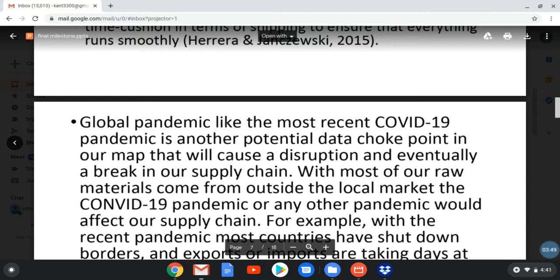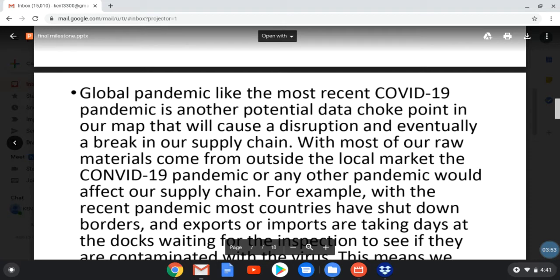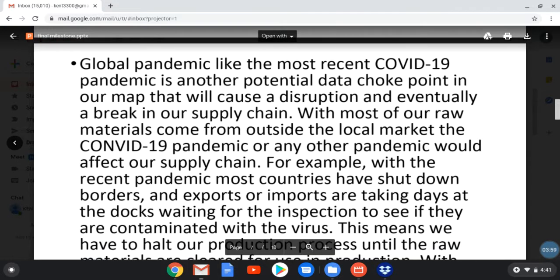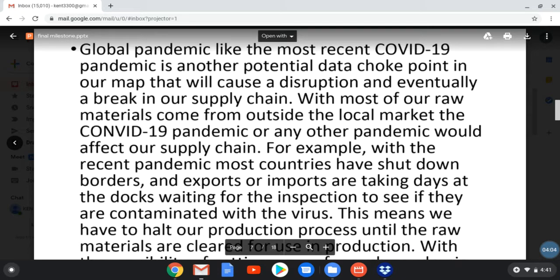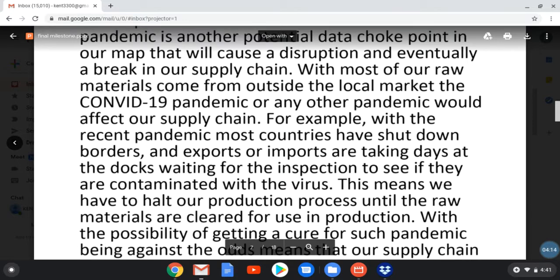A global pandemic, like the most recent COVID-19 pandemic, is another potential choke point in our map that will cause disruptions and eventually a break in our supply chain. With most of our raw materials coming from outside the local market, the COVID-19 pandemic or any other pandemic would affect our supply chain. For example, with the recent pandemic, most countries have shut down borders.